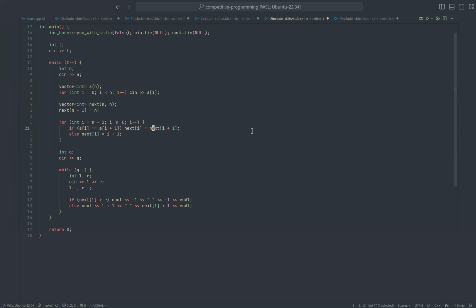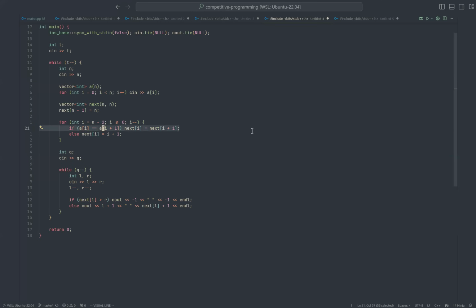So I just wanted to know what next of i plus 1 is. And for that, it would be great if I have a loop running from right to left. Right now, I'm not willing to go into a lot of depth because this is some sort of simple dynamic programming, so I'm explaining in a basic way.